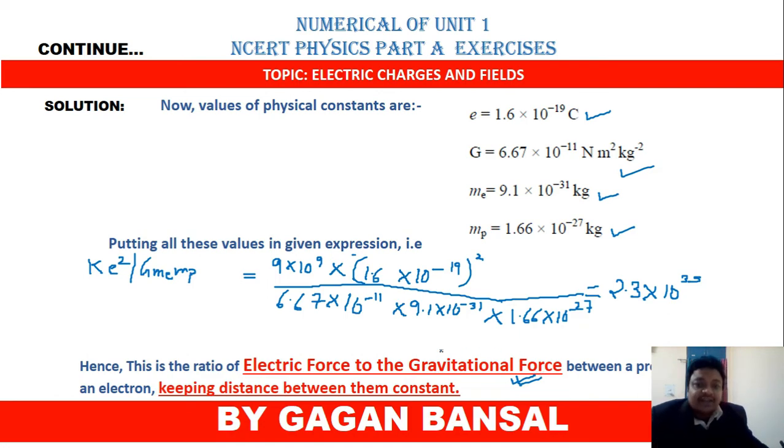So the ratio of electric force to the gravitational force between the proton and an electron, keeping distance between them constant, that is when r is constant, comes out to be 2.3 into 10 raised to the power 39, and the expression can be written as K e square upon G Me Mp. So hope it is clear.